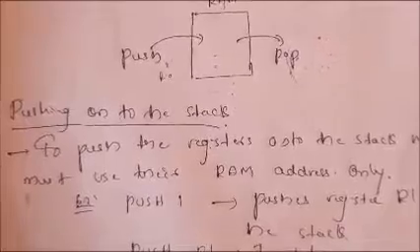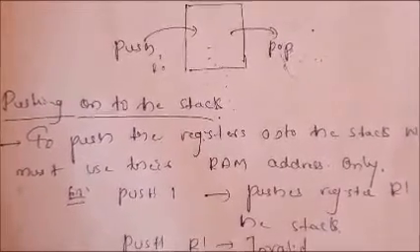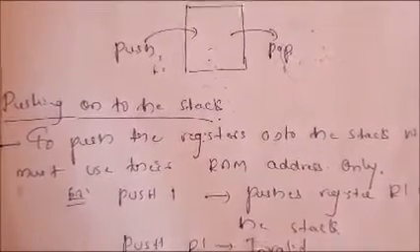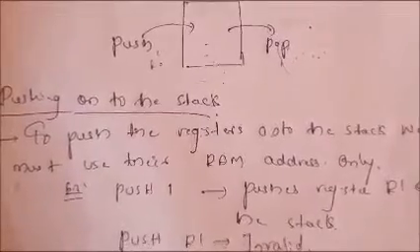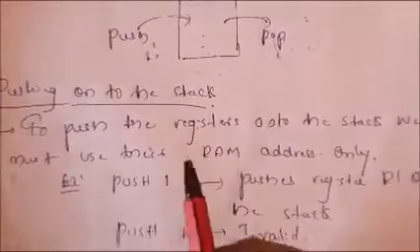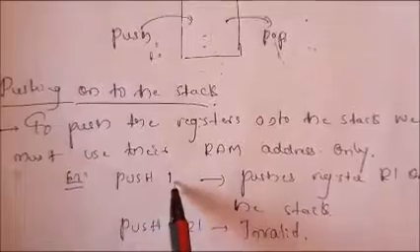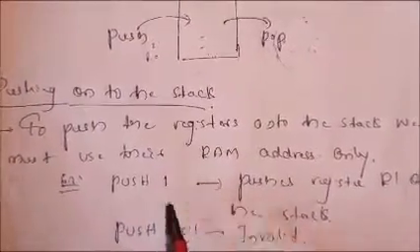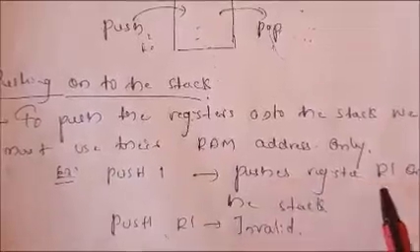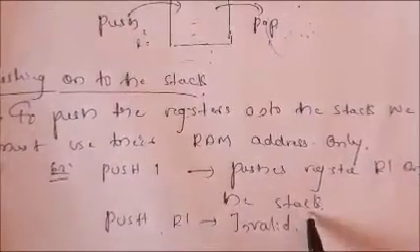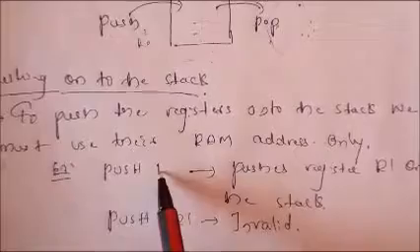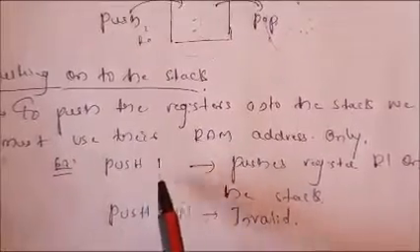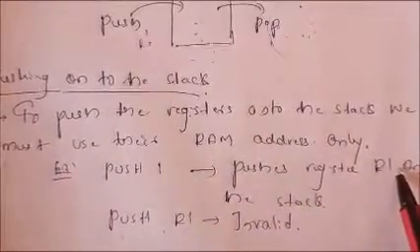Direct addressing mode means we can't use the registers themselves, only the memory address of the registers or memory location we are going to write. For example, if I write push 1, it tells the machine to push the content of register R1 onto the stack. The 1 indicates the memory location for the R1 register. Is it clear?